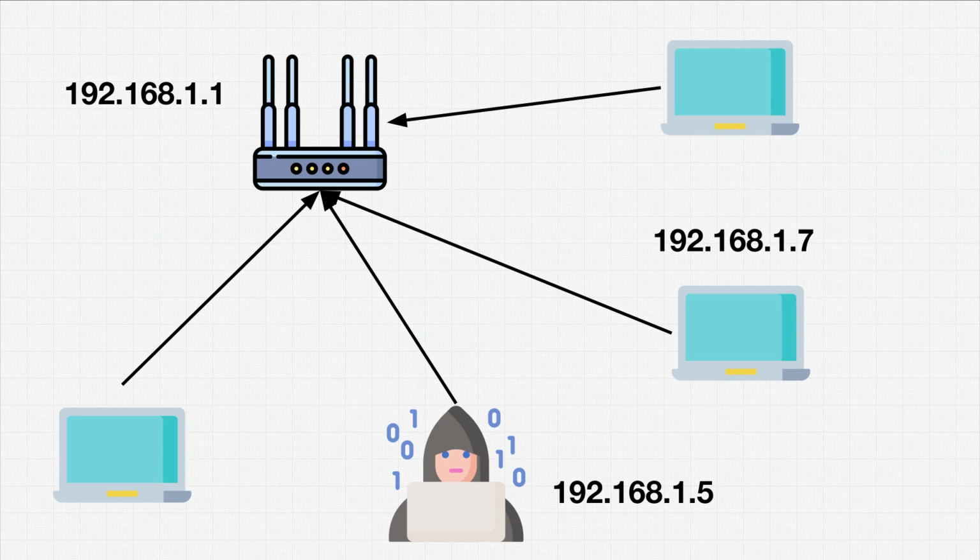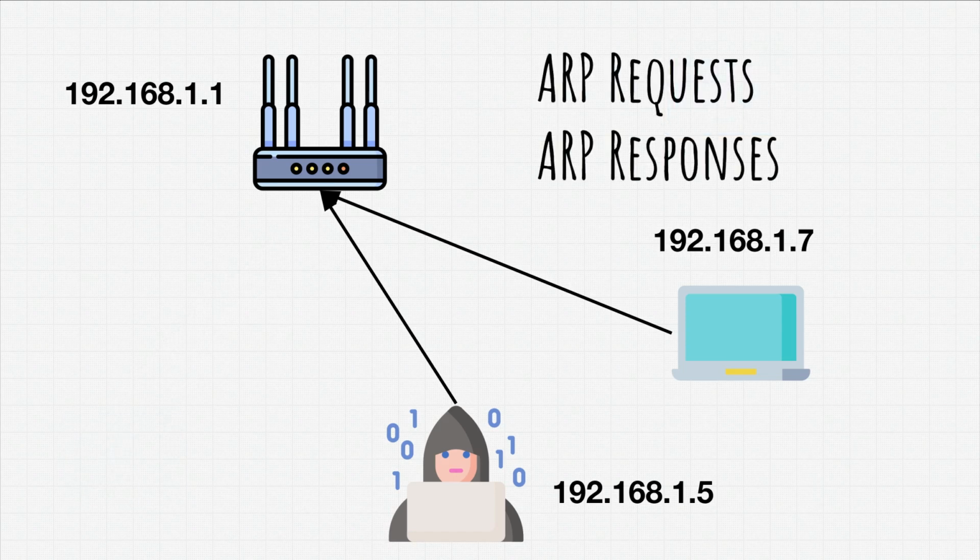The way a device finds out which device has which IP address is by sending ARP requests and getting back ARP responses. In plain words, an ARP request is simply a device asking the network who is someone. Since we are talking about network devices, the question would look something like this: who has 192.168.1.1?